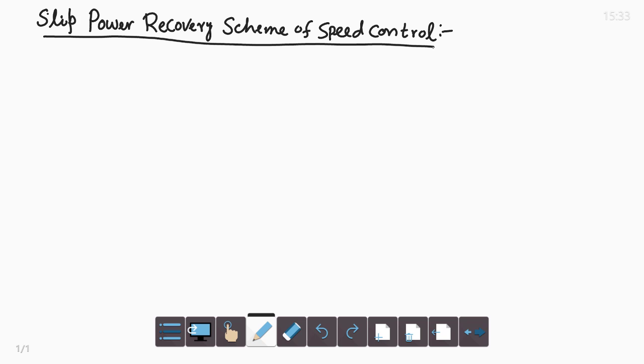First, we will draw the equivalent circuit of the induction motor with a voltage source in the rotor circuit.